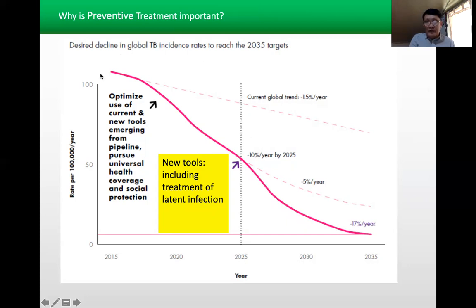But if you optimize the use of current and new tools, and these new tools will be integrated come 2025, including treatment of latent infection, then there will be a gradual decrease of TB incidence, especially when we reach the year 2035. So this shows that there's really a need for preventive treatment.